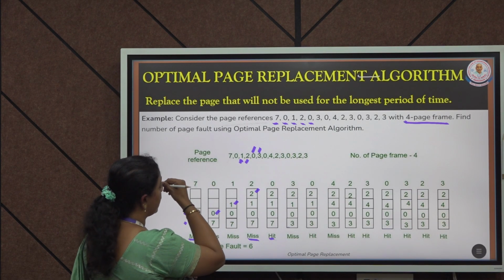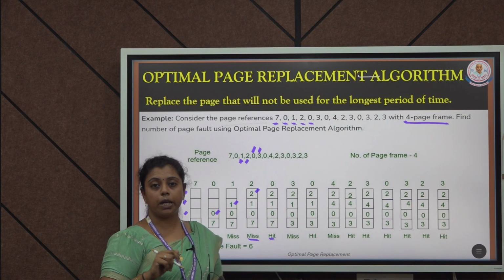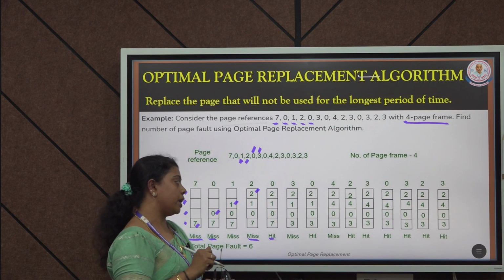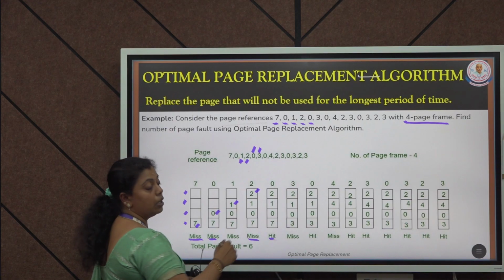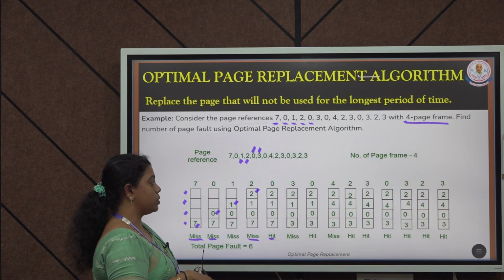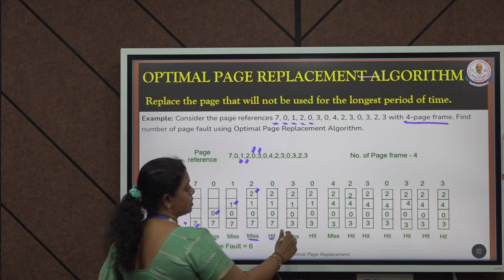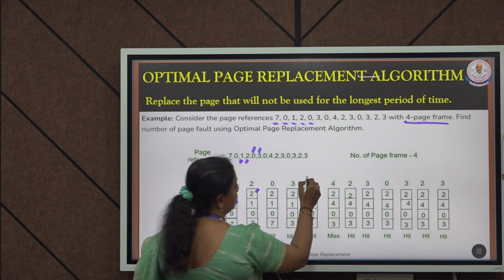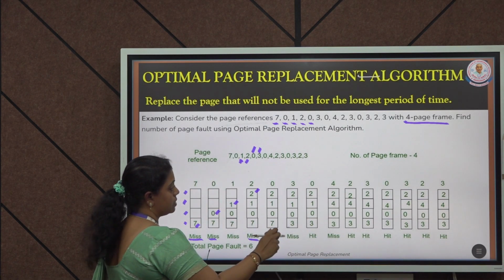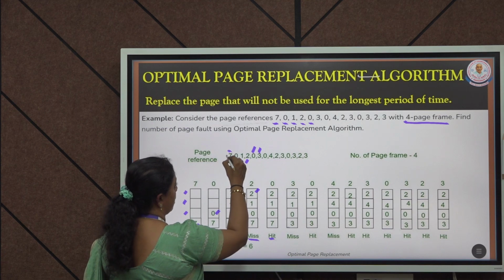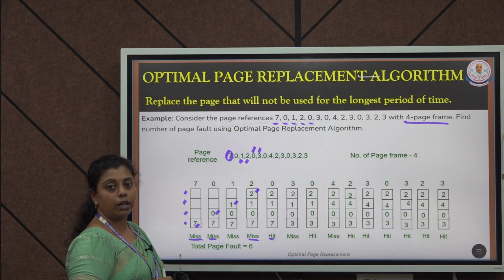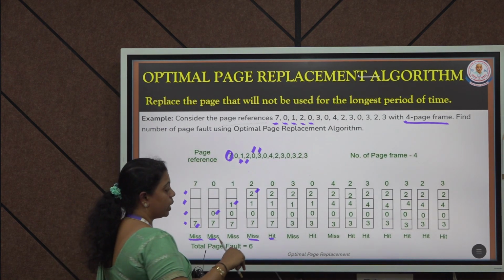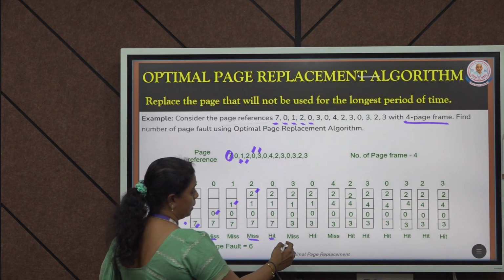According to the algorithm, replace the page that will not be used for the longest period of time. Check which number is no longer used. Looking to the right hand side, you can see number 7 is no longer used for a long period of time. So instead of 7, I am going to replace it with 3.